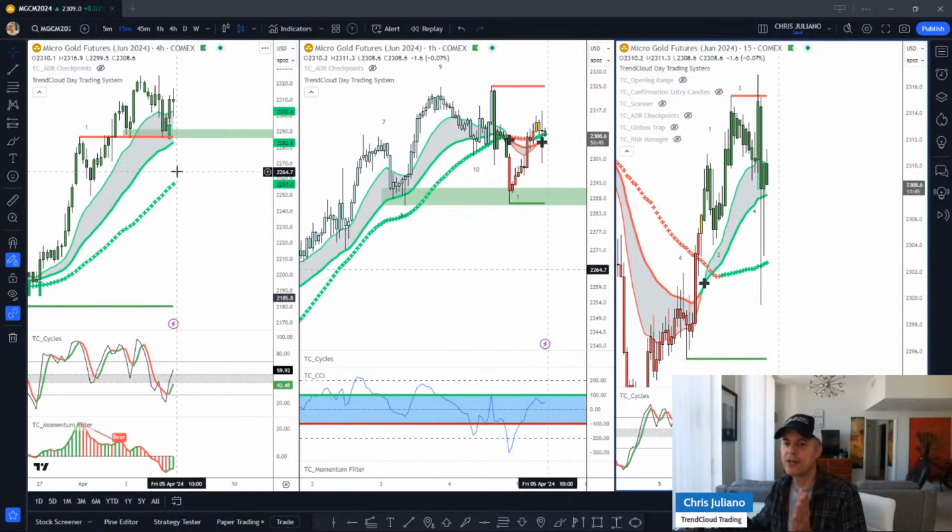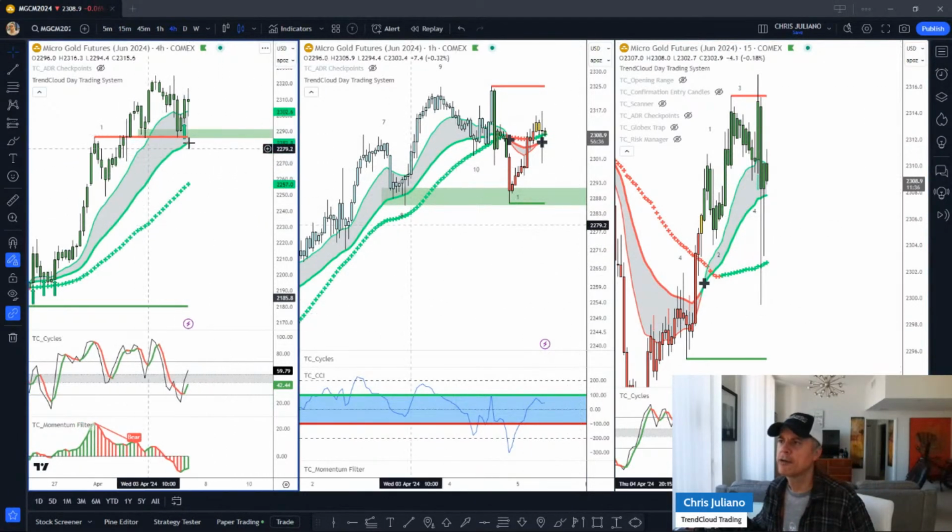So that's the first piece: what's going on the highest time frame? 4-hour chart is up, okay?